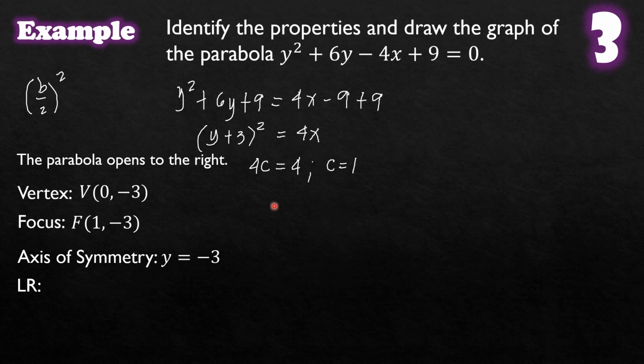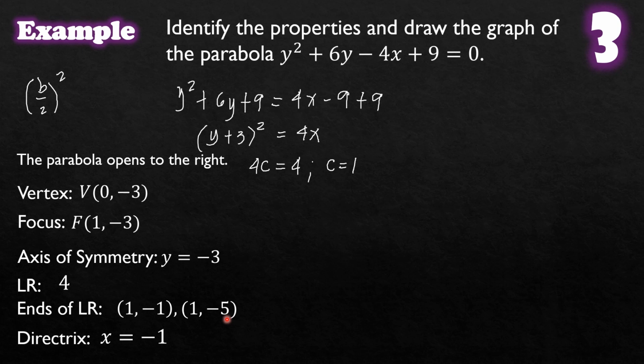The length of latus rectum is the absolute value of 4c, that is equal to 4. The ends of latus rectum will be 2 units, or 2 times c is 2, 2 units above the focus, and 2 units below the focus. 2 units above the focus will have the coordinates (1, negative 1), and 2 units below the focus will have the coordinates (1, negative 5).